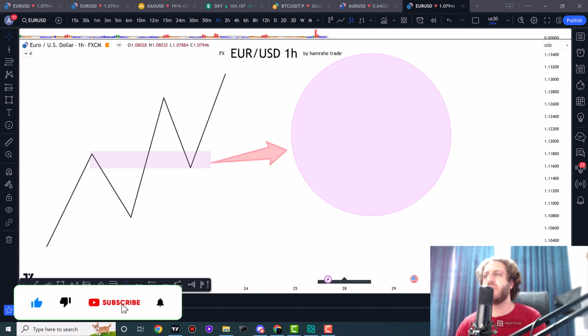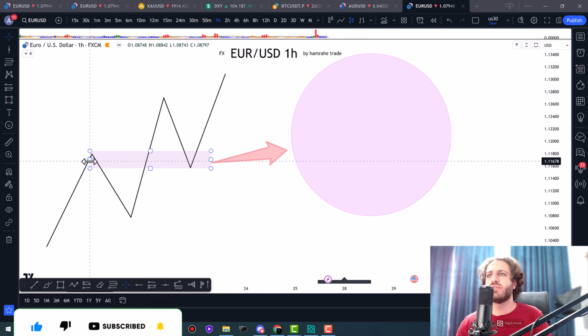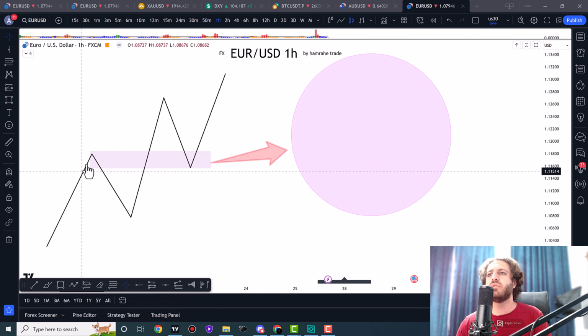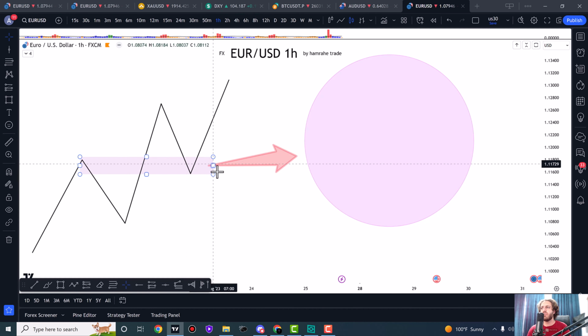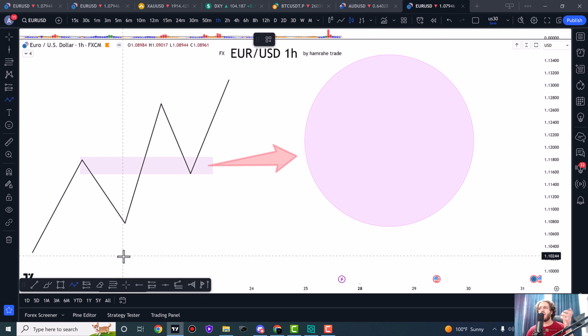For example, here we have a support and resistance zone. The market went up, rejected from that, broke that, and we have a breakout pullback here. What we have in lower time frames here is a kind of fractal.